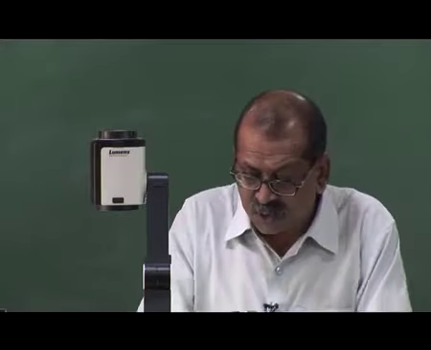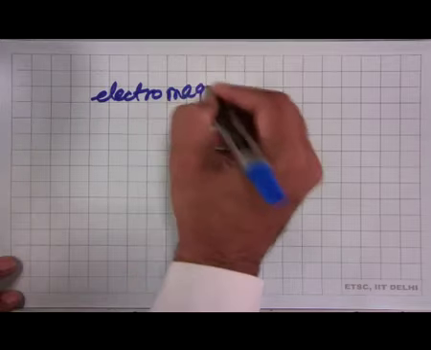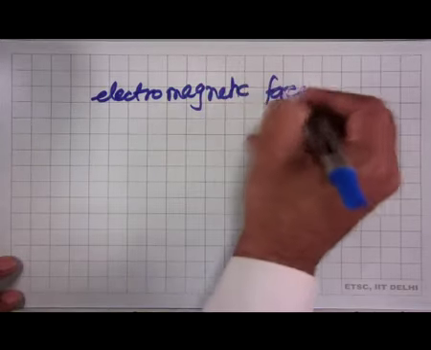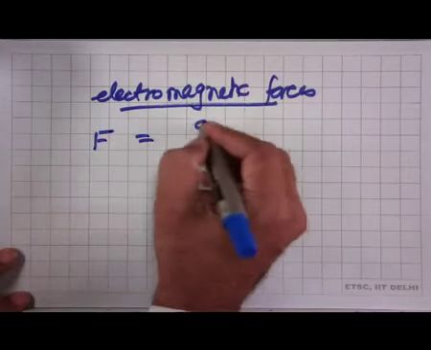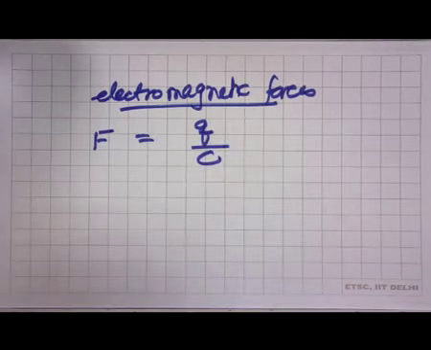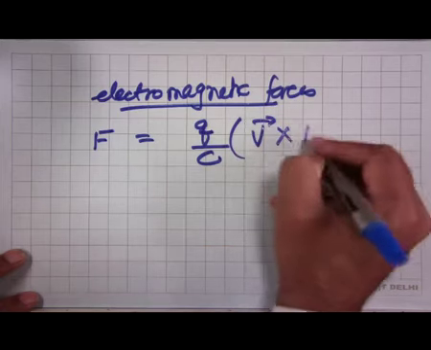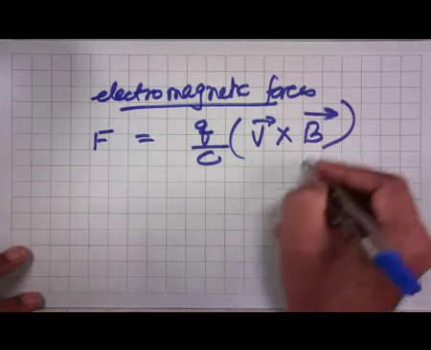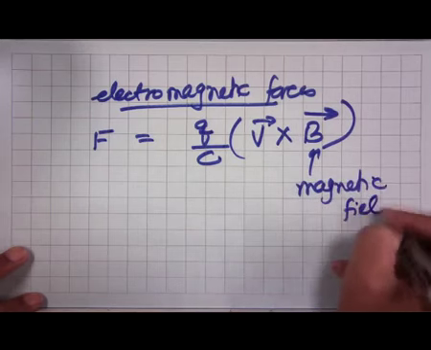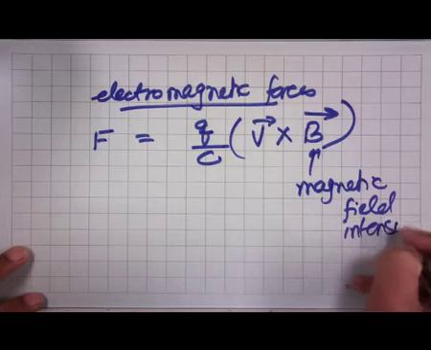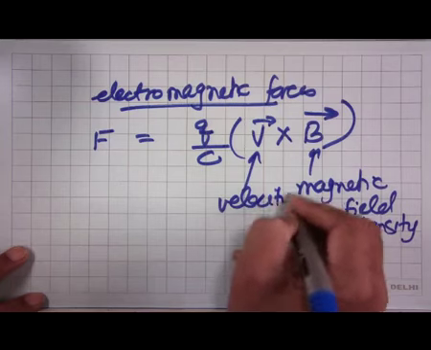The third type of force which acts from a distance are electromagnetic forces, and electromagnetic forces are given by, if a charge is travelling in a magnetic field, then the force on the charge is given by q by c times v cross b, where b is the magnetic field intensity and v is the velocity.